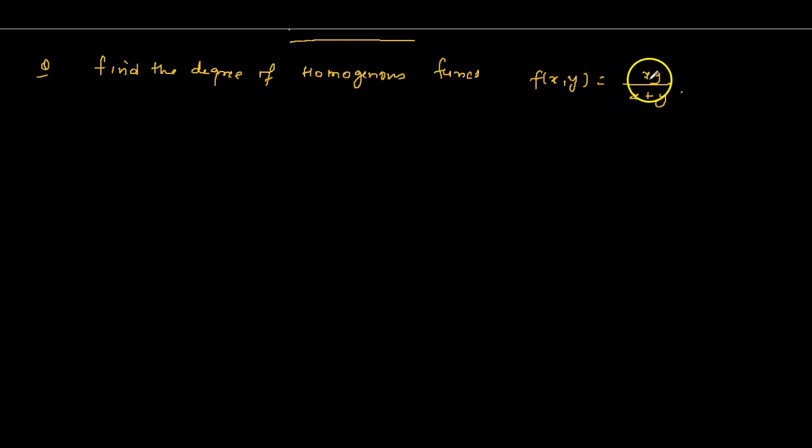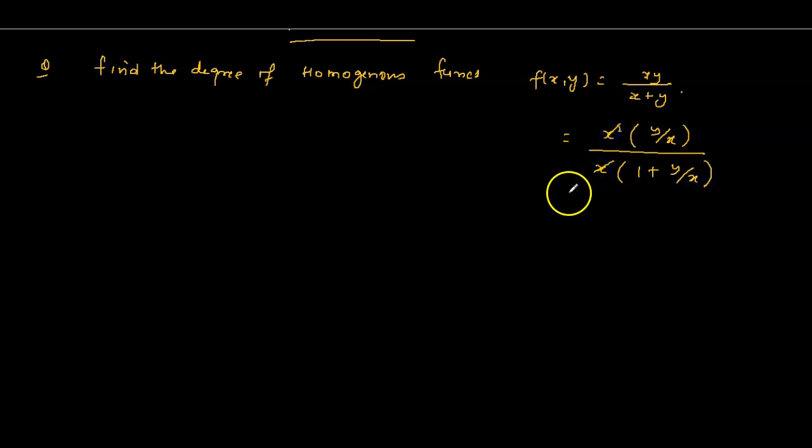If you want, you can take x square also. So if you take x square common here, what do you write? You write here y by x. So this will become the same thing, xy. Here if you take x common, 1 plus y by x. So this cancels here, so it will be x times phi of y by x. And n is what here? 1.